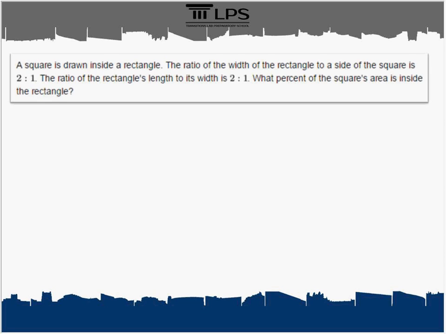A square inside a rectangle. The ratio of the width of the rectangle to the side of the square is 2:1. So now you understand what a width is, what a side is, so the dimensions should not be a problem. The rectangle's length to its width is 2 to 1. That's how a ratio is. Okay, we did that. Some ratio is represented.